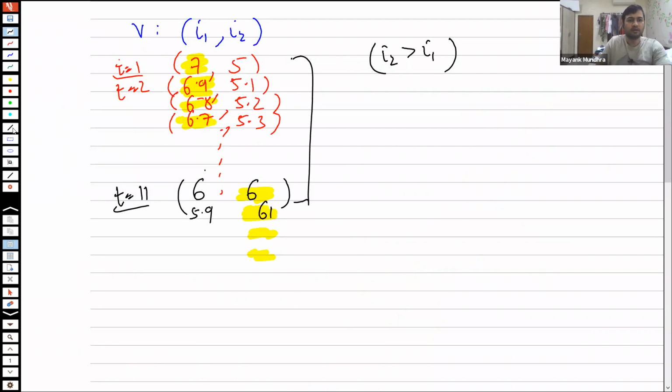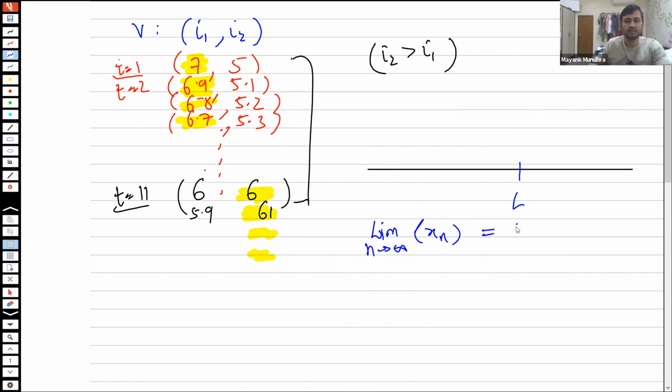But if I were to explain it in words, suppose I'm saying that the limit as n tends to infinity of some sequence xn is equal to L. What does this mean?